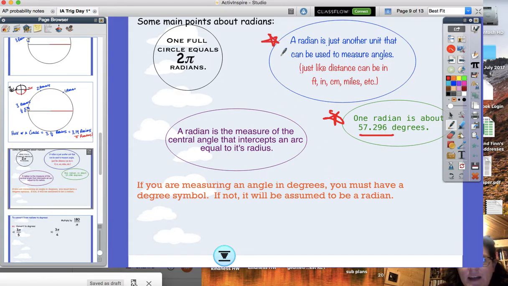A radian, again, is just another unit to measure angles, just like with a ruler we could use feet or inches or centimeters or miles. So I can use degrees or I can use radians. 1 full circle is 2 pi radians. Remember, half of a circle is pi radians.